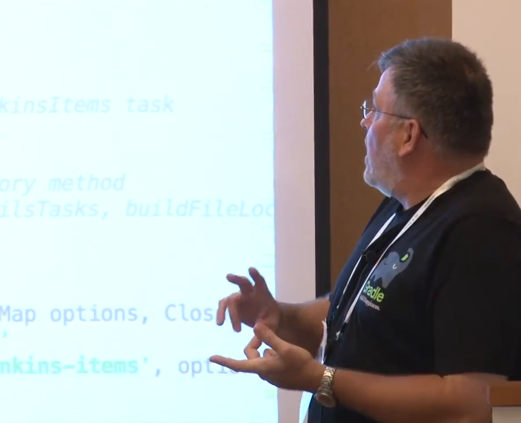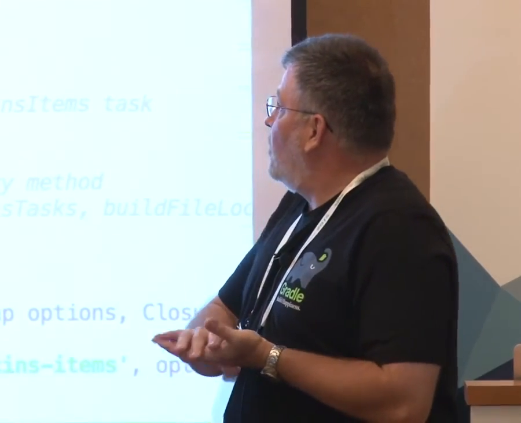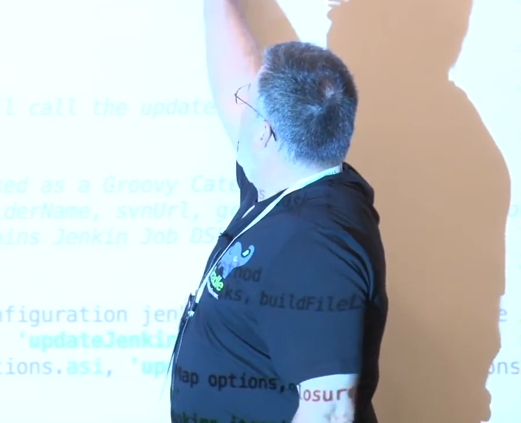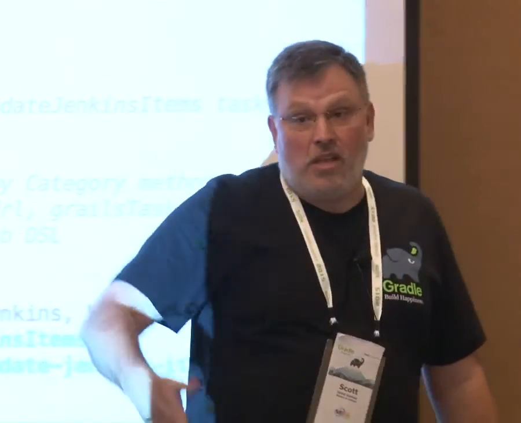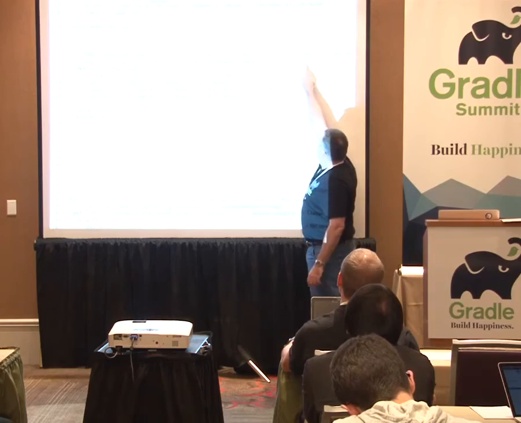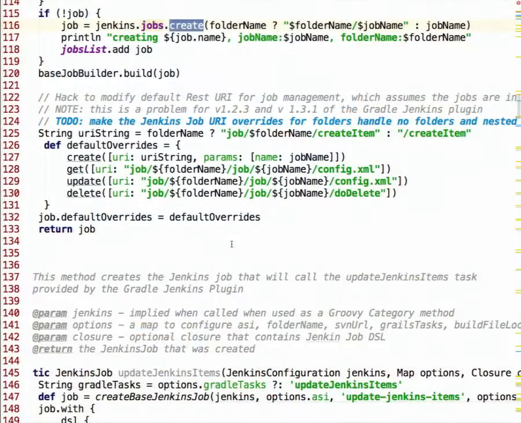So for creating jobs, creating folders, creating the pipeline view, we could put that namespace in the REST call, because otherwise the REST API didn't understand how to put a folder over here. You had to put it on the URI string, not as part of the parameter for what you were trying to create. So that was a challenge.